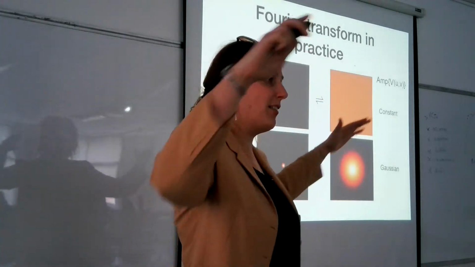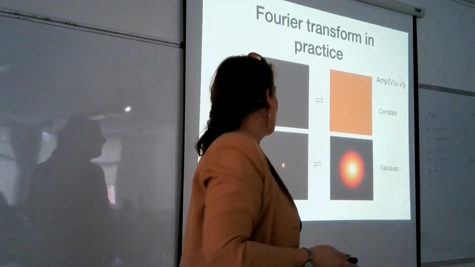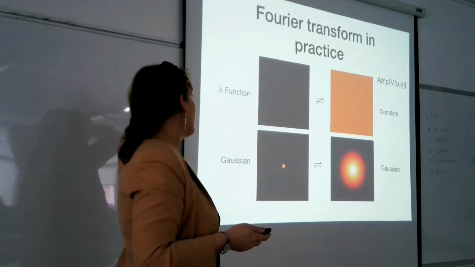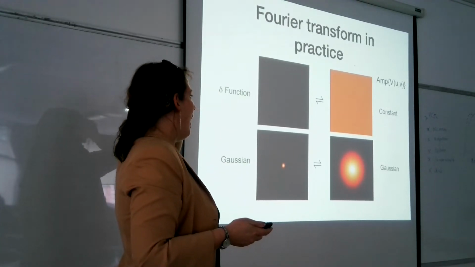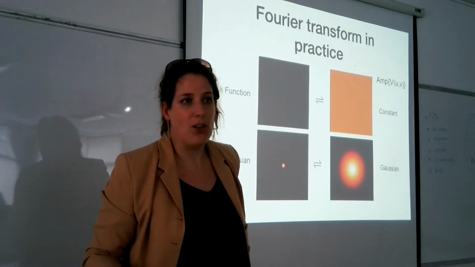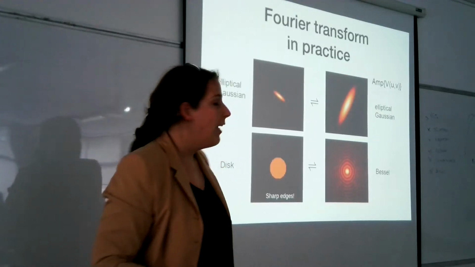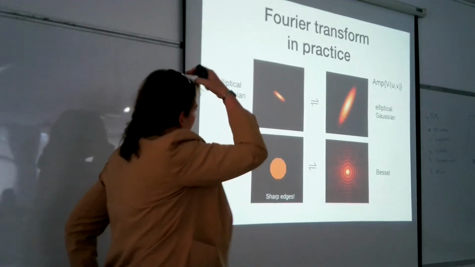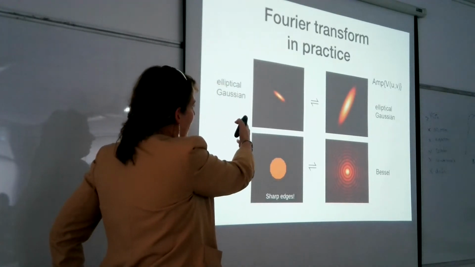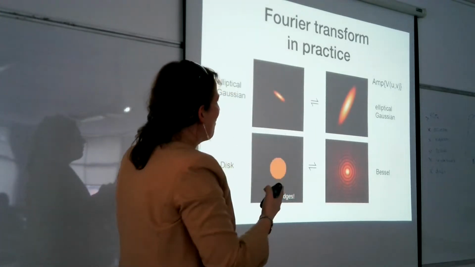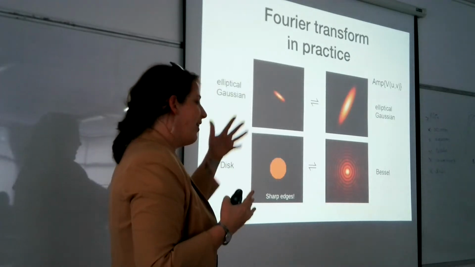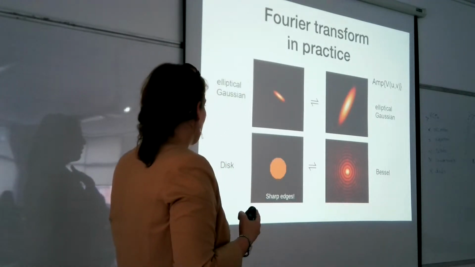So again, visibility becomes constant as a function of UV distance, and at some point you know that you can no longer resolve it. If we start to think a bit more about shapes or morphologies, then an elliptical Gaussian also becomes an elliptical Gaussian, but rotated. That is clear based on the UV plots I was showing before.